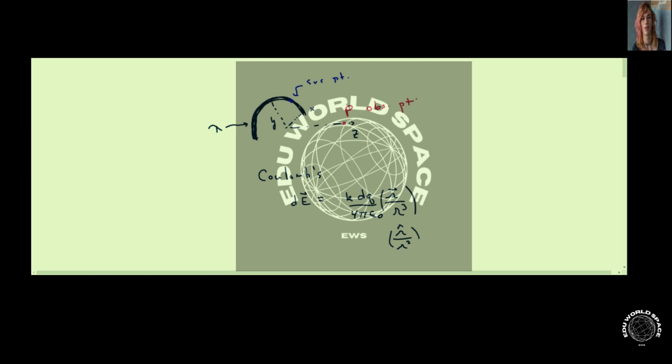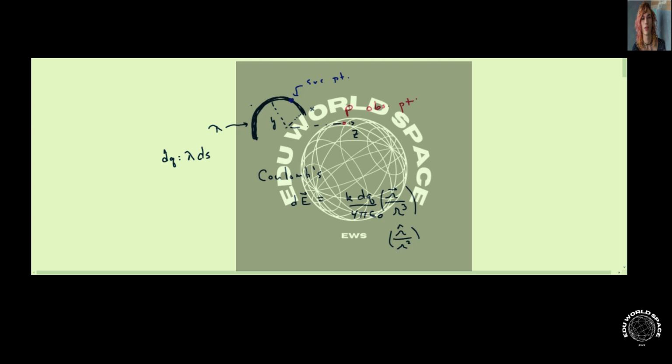Okay, so now we just need to fill in some of the pieces. There are many ways to write the dq, but if it is a linear charge density, dq is the linear charge density times a one-dimensional differential. Here, because it is an arc, we're going to use ds along the arc.